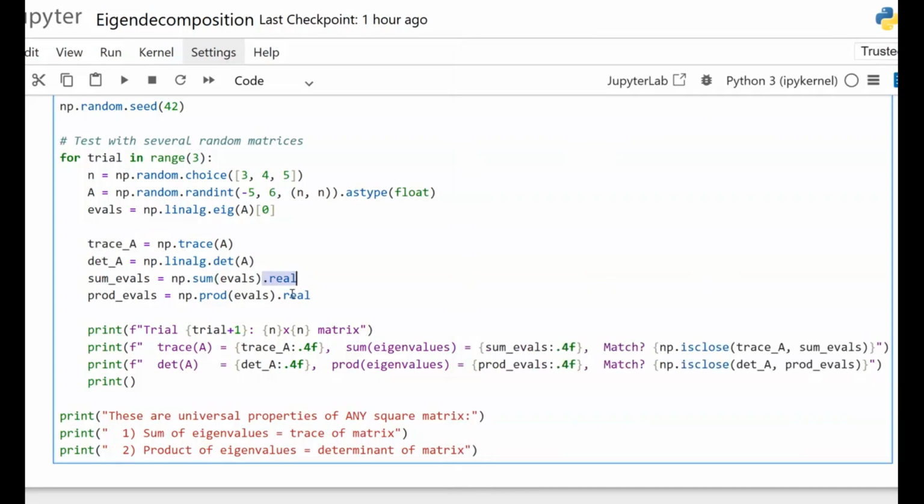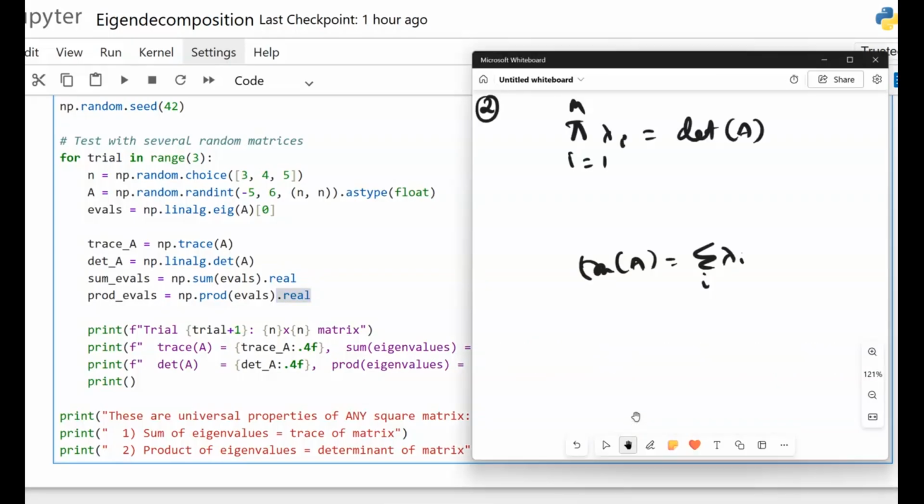Here the result is real, since complex eigenvalues occur in conjugate pairs. For example, a plus bi plus a minus bi is equal to 2a, and the imaginary part cancels, so the total is real.